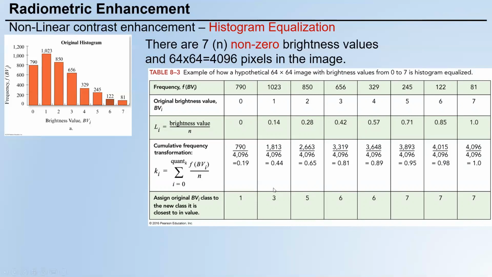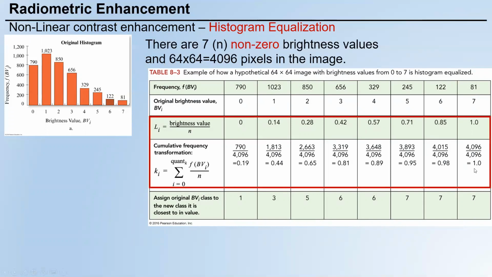We have cumulative frequency from 0.19 to 0.44 to something until 1.0. Because it's cumulative, for the last class, numerator and denominator are the same, which is the total number of pixels in this image. So the ratio is 1.0. So far, so good, right?